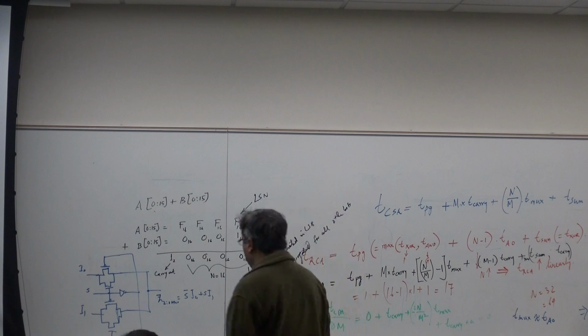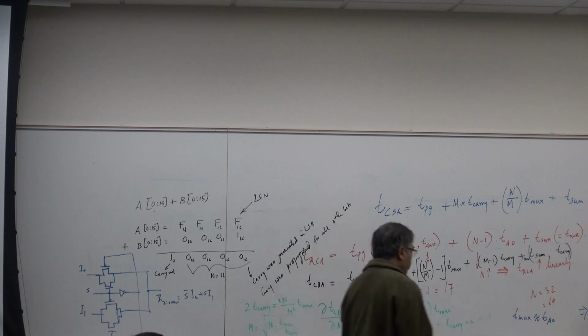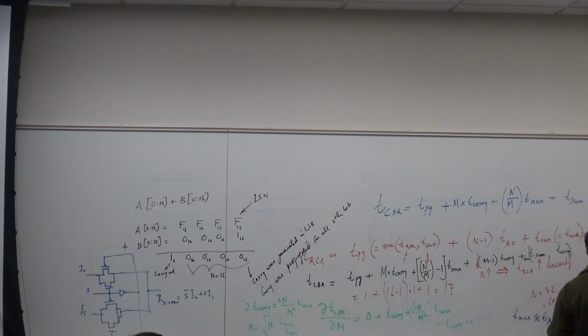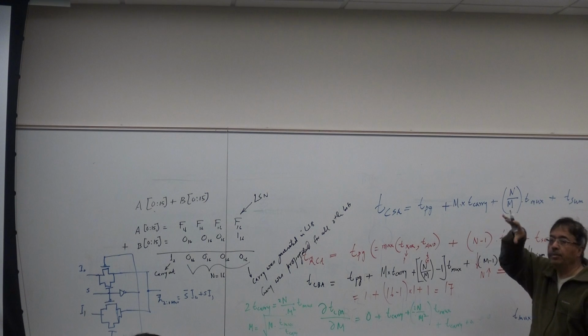No, because what is sum? Sum is equal to P exclusive or CI, right? P is A exclusive or B, correct? Now this CI is the output carry from the previous stage.